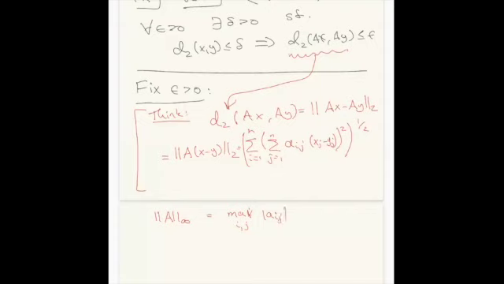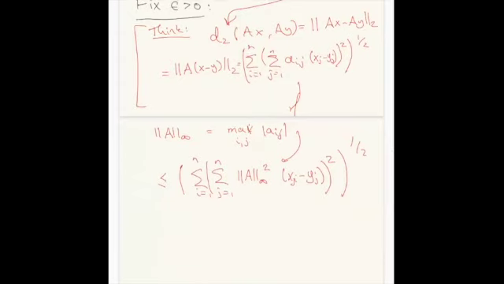And the reason for this is that we want to estimate each of these components from above by its maximum. So let's see what we get from this. This is bounded from above by the sum i equals 1 through n, sum j equals 1 through n, of parentheses, A infinity norm squared times xj minus yj squared, to the 1/2.